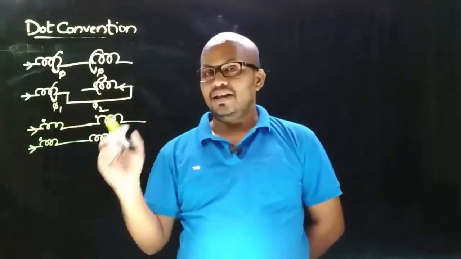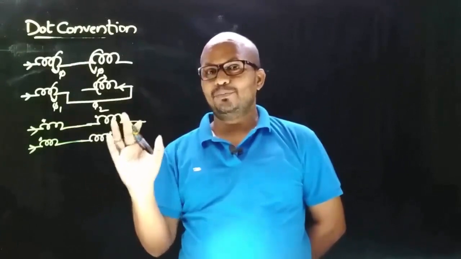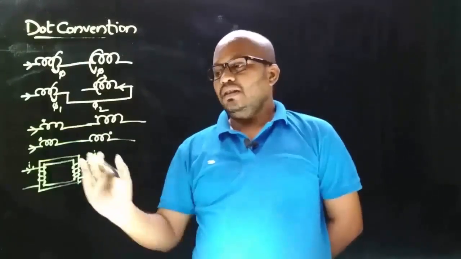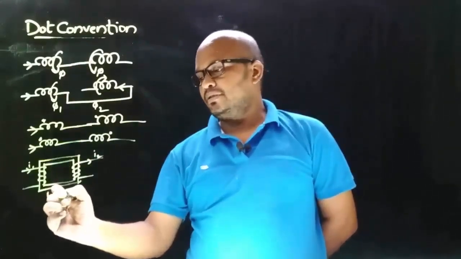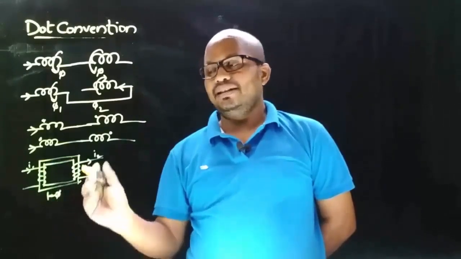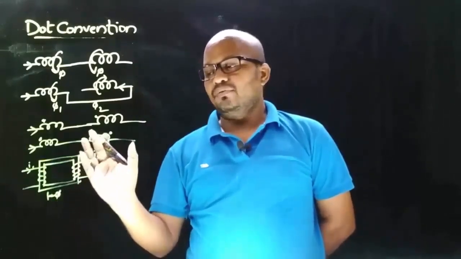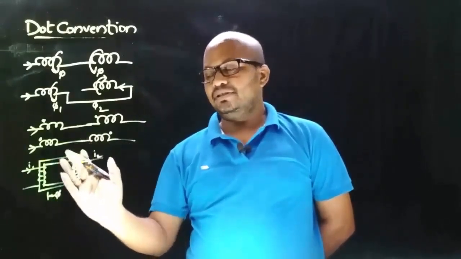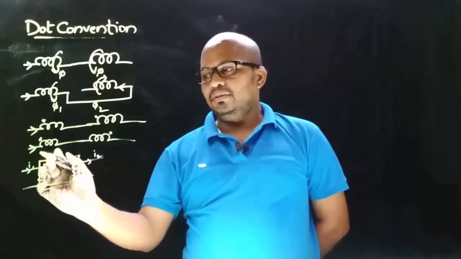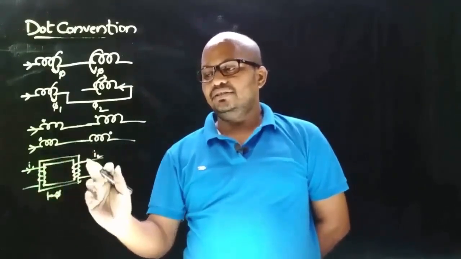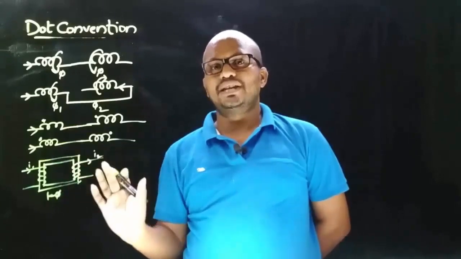of the winding, and you can understand that with the example of a transformer. Let us suppose this is a single phase transformer, and in power systems, for the transformer action to take place, we need the primary winding flux and secondary winding flux in opposite directions.